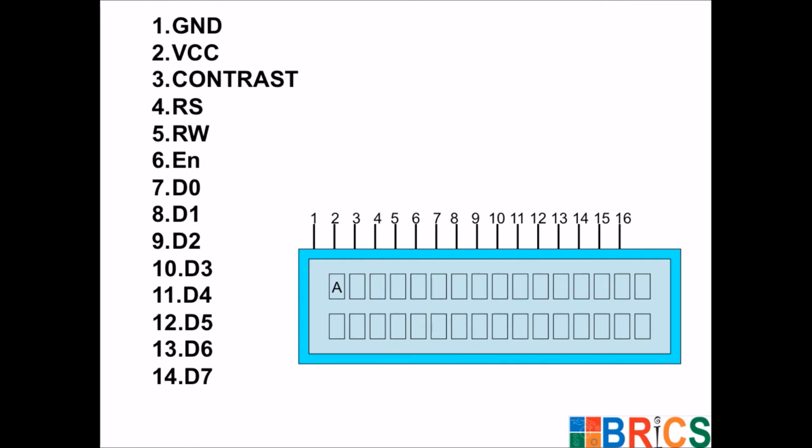Actually we send a number of 8 bits, so we send 8 bits in 2 parts, 4 bits at a time and 4 bits the second time. Next 2 pins are backlight VCC and backlight ground. If we want to glow the backlight of this display, we need to give power supply to VCC and ground on pin number 15 and 16.